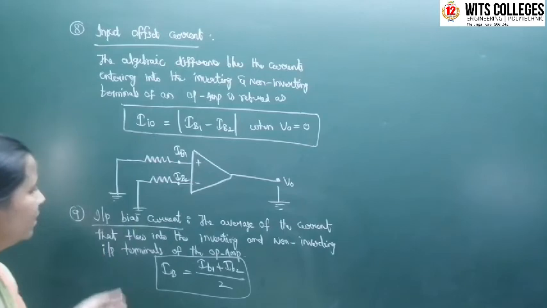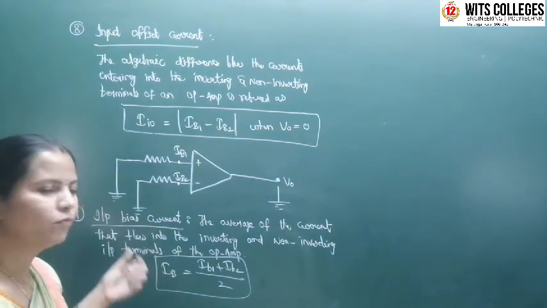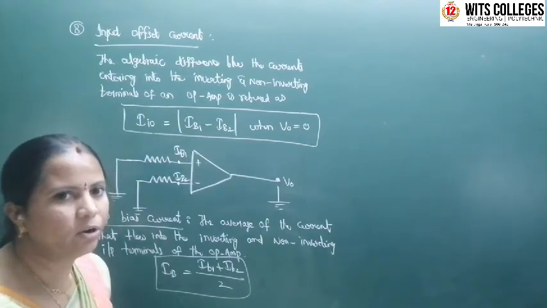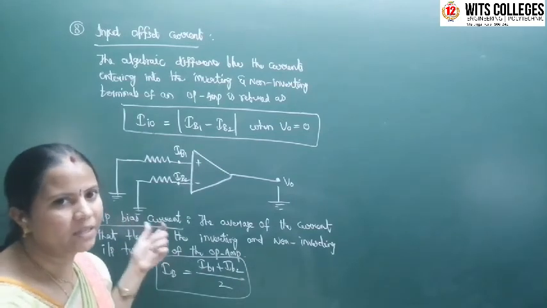Coming to the next one, input bias current. The average of the currents that flow into the inverting and non-inverting terminals of the operational amplifier is the input bias current.